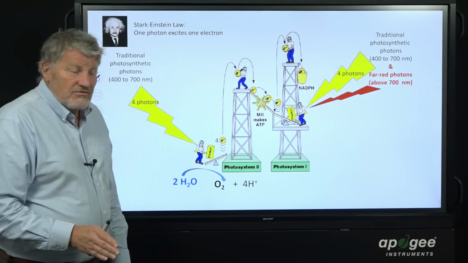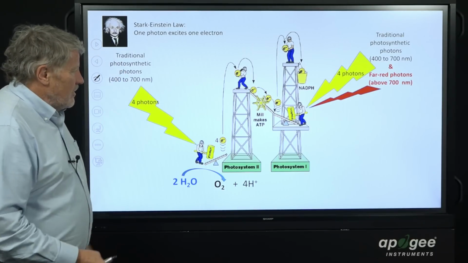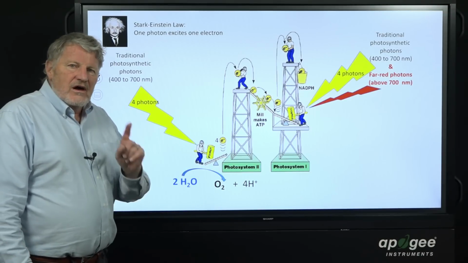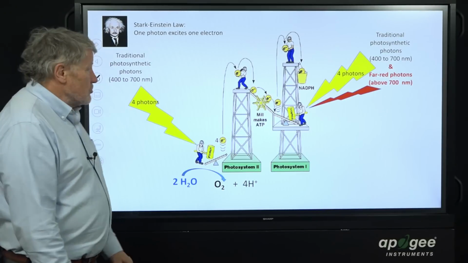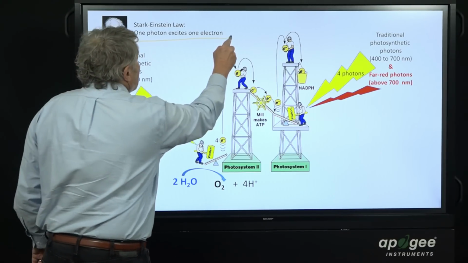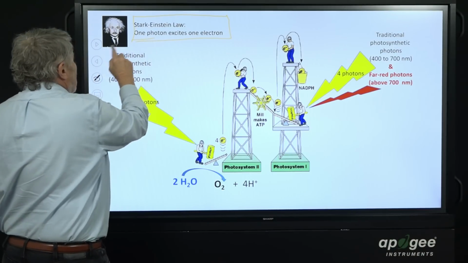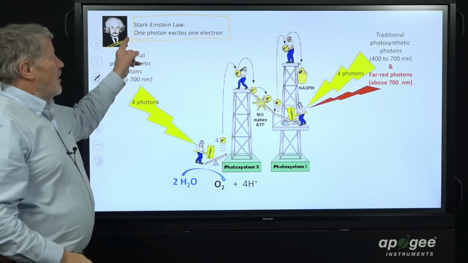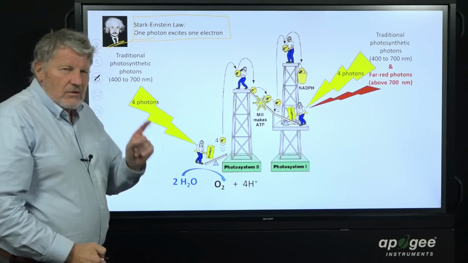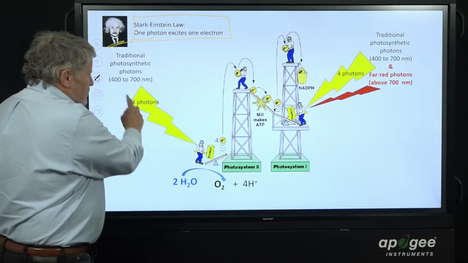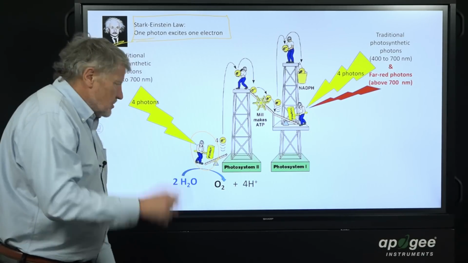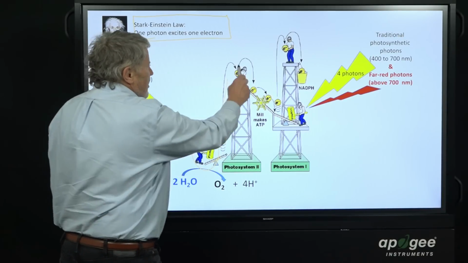But in the case of far-red photons, I go to my favorite Twin Towers diagram of how the light reactions of photosynthesis work. So we know from the Stark-Einstein law, our buddy with the wild hair, 1 photon excites 1 electron. That's why we count photons. A photon comes in, it hits the light reactions, boom, it excites an electron.